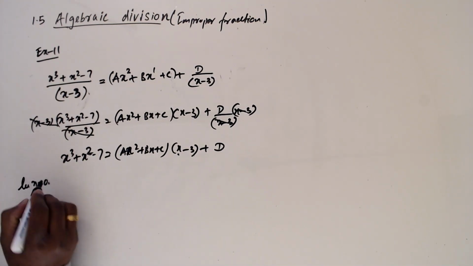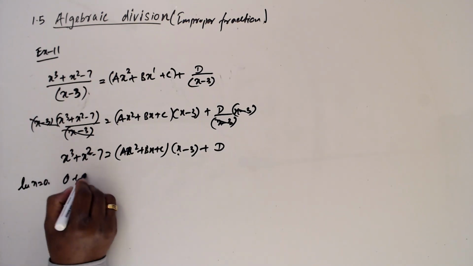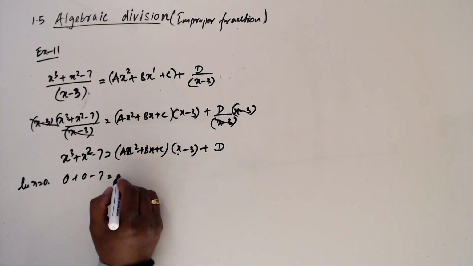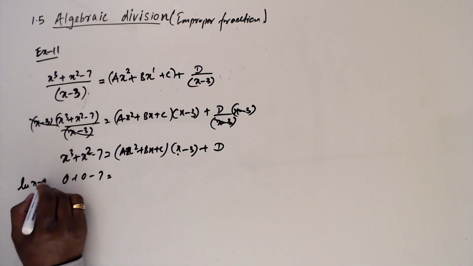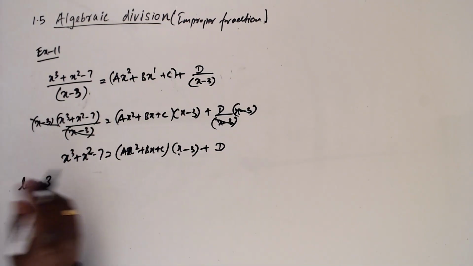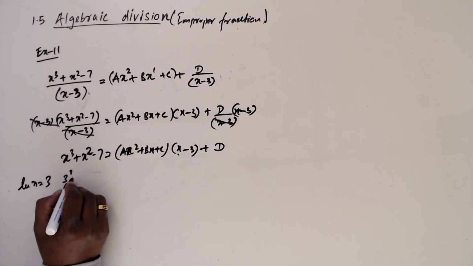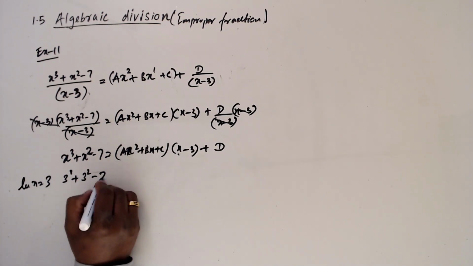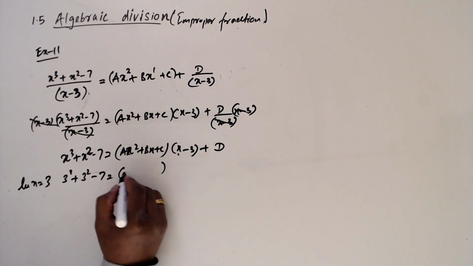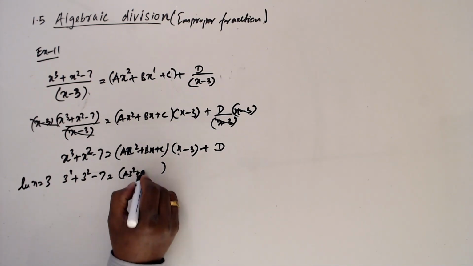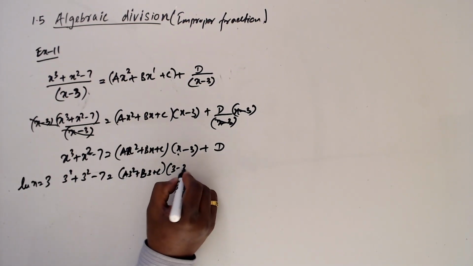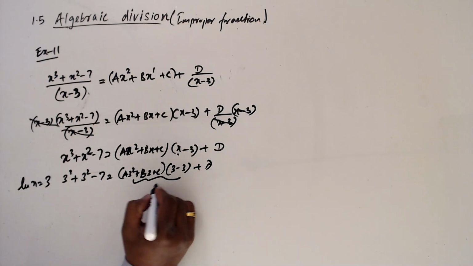Let x equal 3, because I want to make this one 0. So this is 3 cube plus 3 square minus 7 equal a times 3 square plus b times 3 plus c times 3 minus 3, plus d, so this becomes 0.